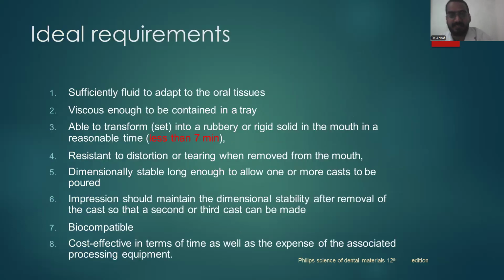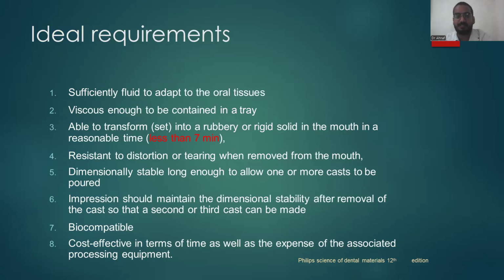Let's see what the ideal requirements of an impression material are. It should be sufficiently fluid to adapt to the oral tissue, and viscous enough to be contained in a tray. It should be able to transform into a rubbery or rigid solid in the mouth in a reasonable time, and resist distortion or tearing when we remove the impression from the mouth.